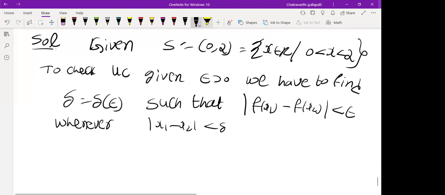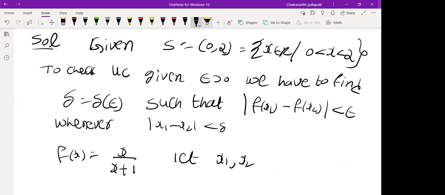So we have to solve this inequality. What is given to us? f(x) equals x by x plus 1. You can also take x and y instead of x1 and x2, anything you feel comfortable with. So let us take x1 and x2 in S arbitrary.